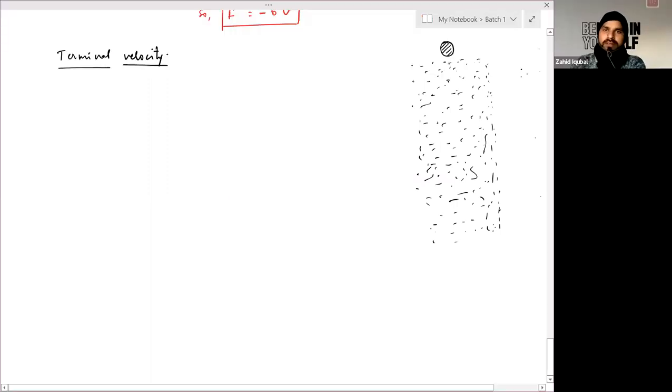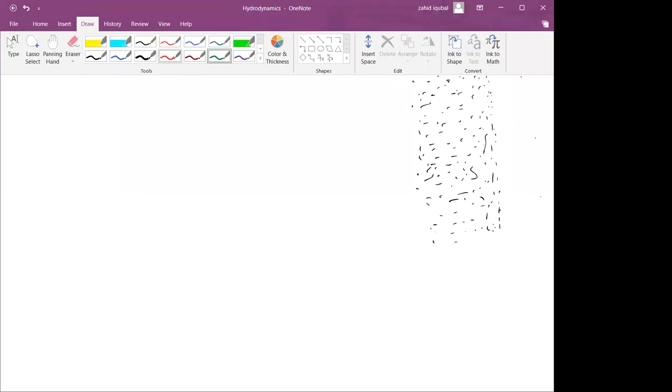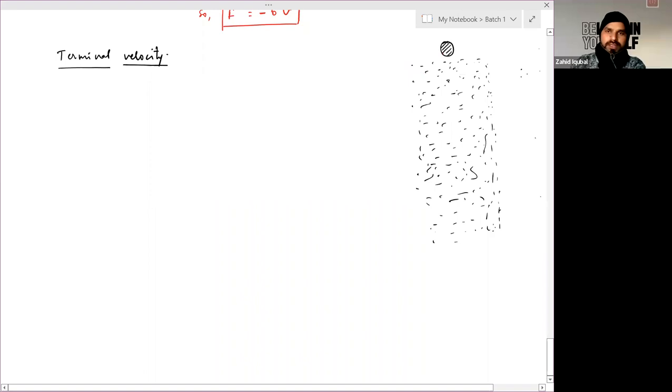Good. So on increasing its velocity, whether viscous force will increase or decrease? Viscous force will increase. Good. So initially it is acted upon by gravity towards the downward direction, which will tend to accelerate this object through this viscous medium. On increasing velocity, the viscous force experienced by this object may also be increasing.